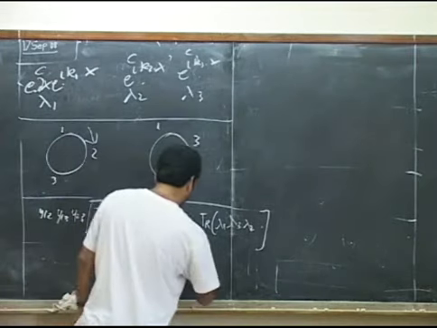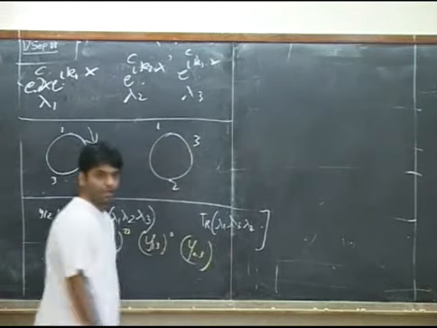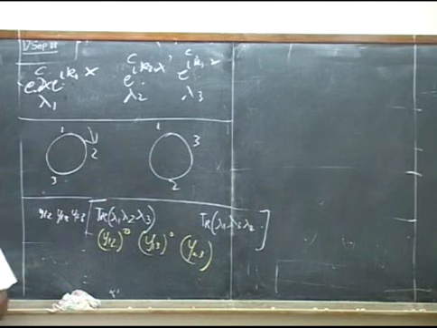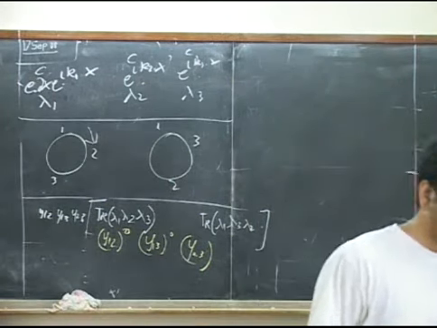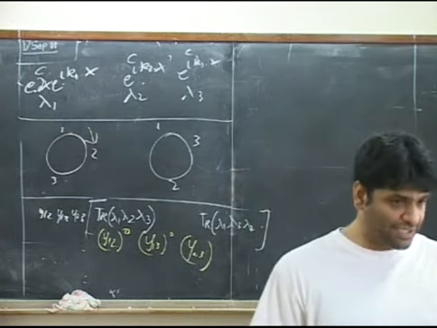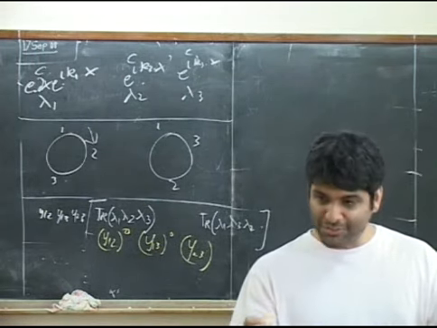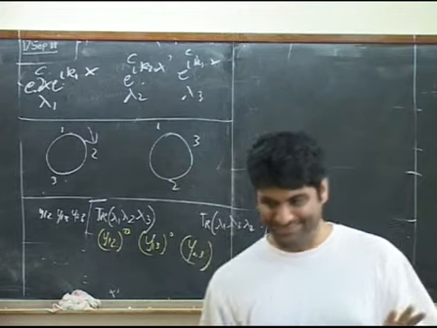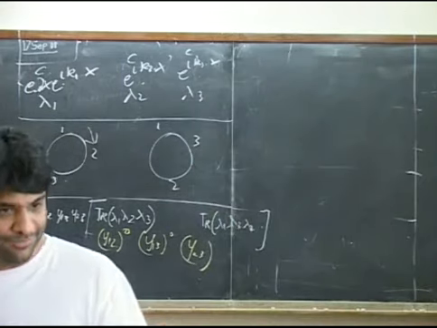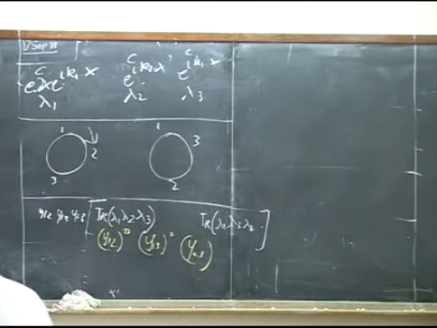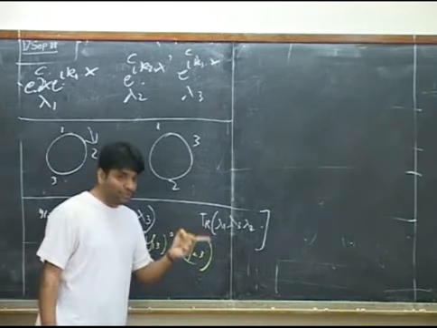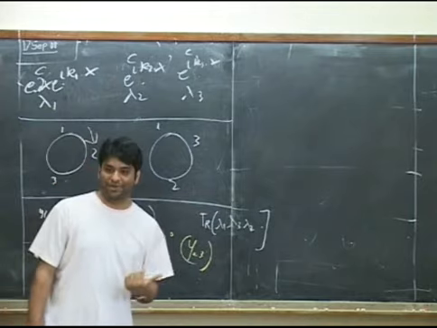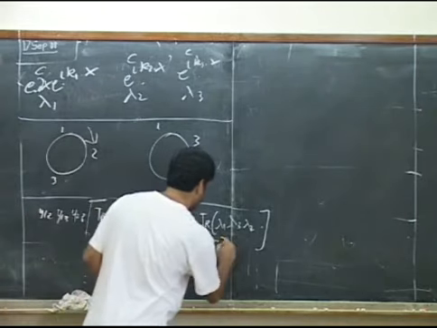But y23 is different. For y23, we get 2 k1 squared. So we get k1 squared minus k2 squared minus k3 squared. k1 squared is 0, but k2 squared and k3 squared are each 1 by alpha. So this becomes minus.